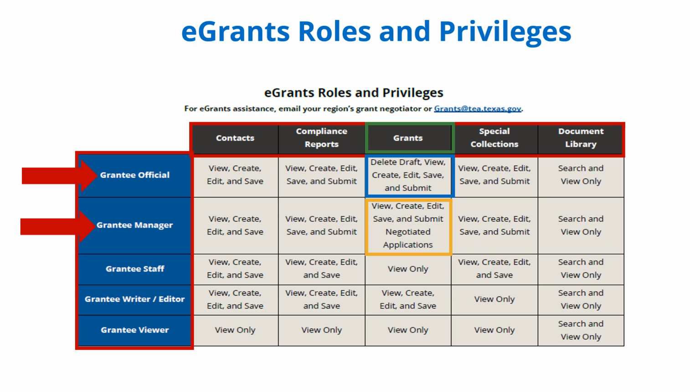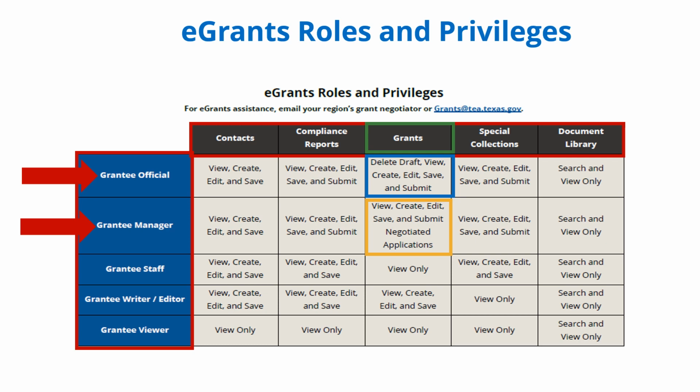However, they can submit negotiated applications, meaning a grantee official has already submitted the grant to TEA and your TEA negotiator has returned the application to your organization for corrections. Grantee official and grantee manager are the roles that are most often confused, so be sure to choose the correct role.